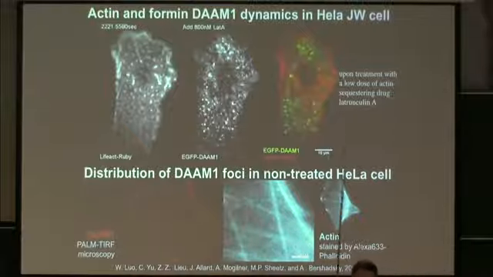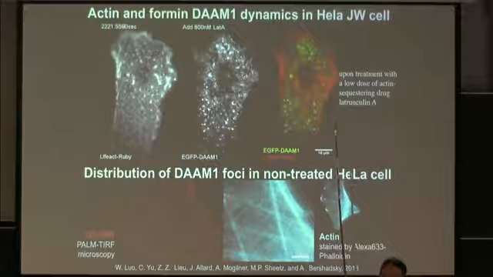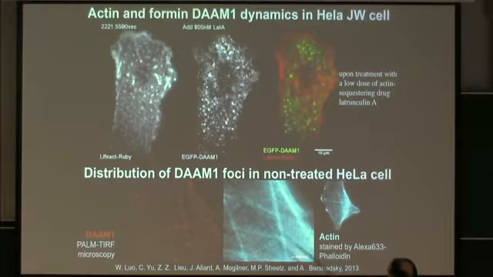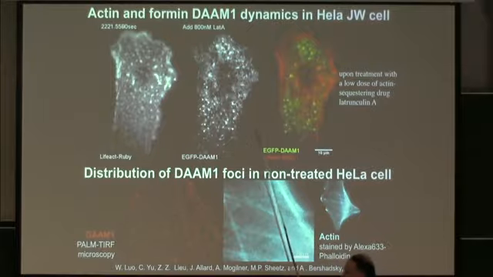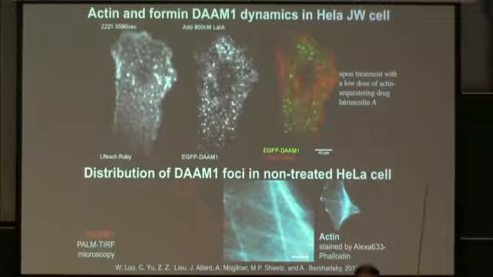And what is interesting is that inhibition of this formin, either by knockdown or by a low molecular weight formin inhibitor, about which I will speak a little bit later, also blocks the movement of these patches.